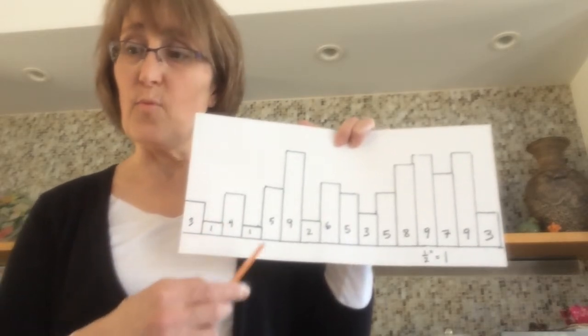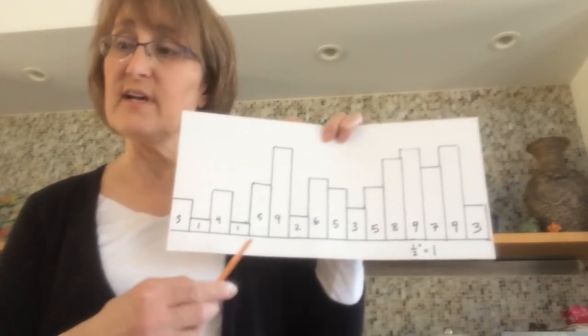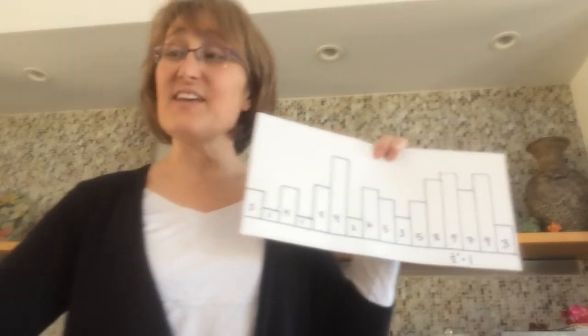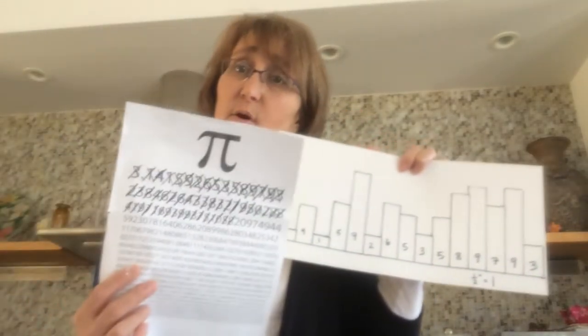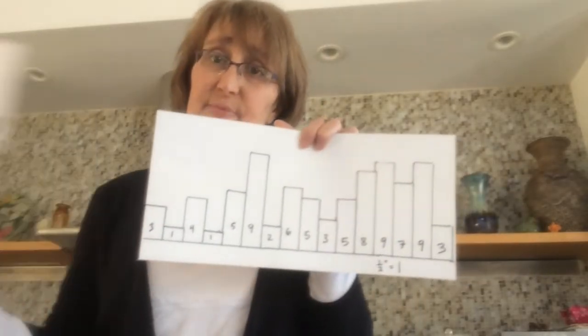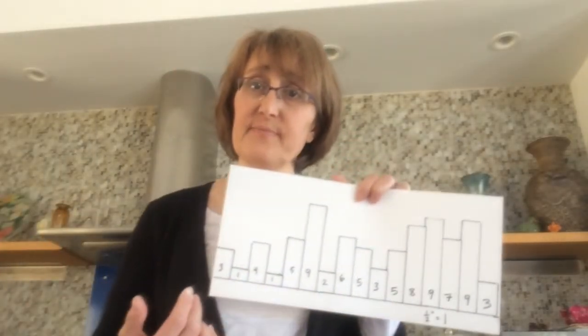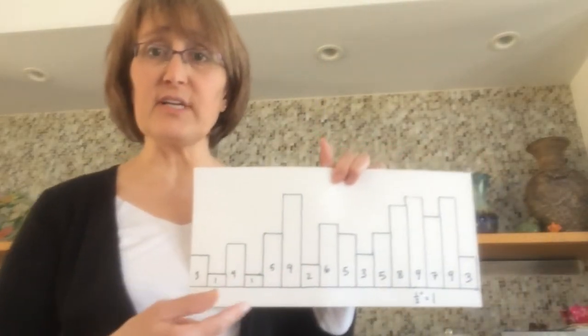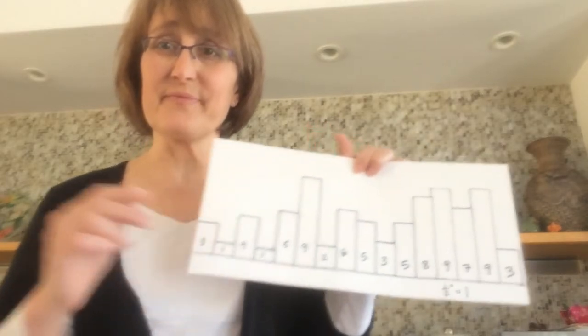Again, 4, 1, 5, 9, 2, 6, 5, 3, 5, 8, 9, 7, 9, 3. With a half-inch scale, I was only able to get maybe the first line of pi. And then go ahead and darken in these buildings.